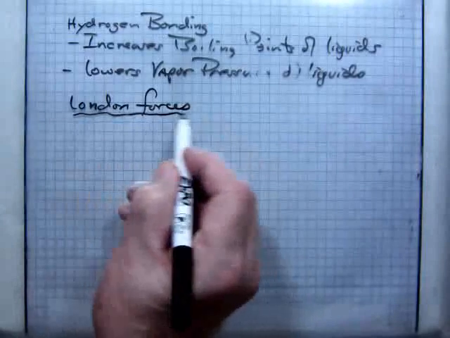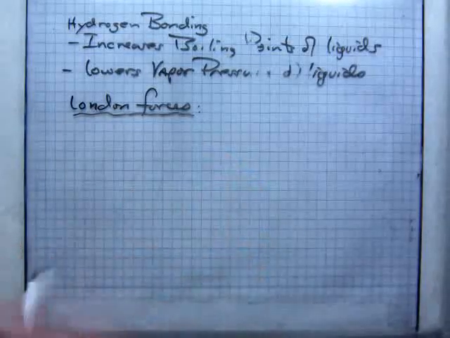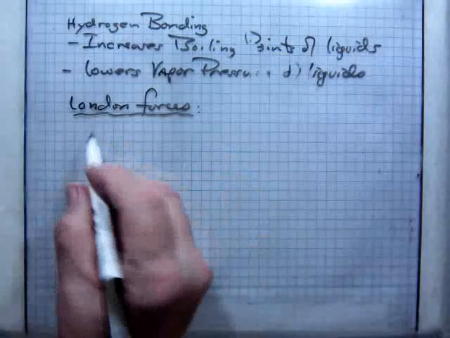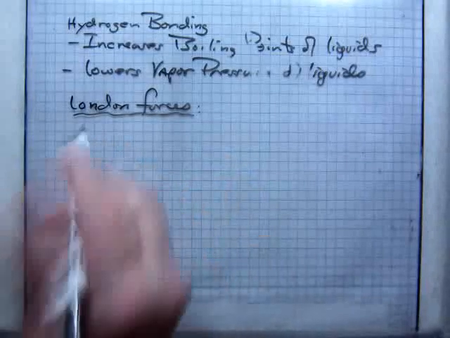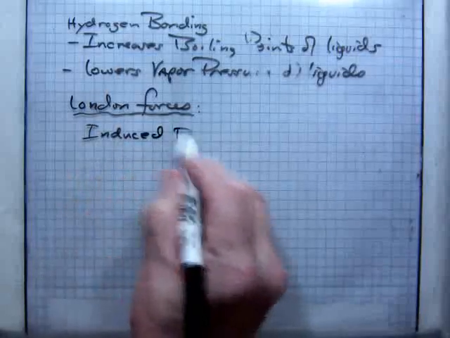The third type of physical force is the London forces. The London forces are electrostatic induced forces called induced dipoles.